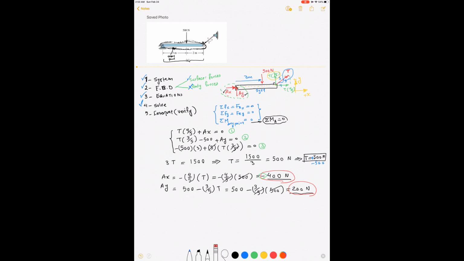Now we are ready to finish this problem. So I check mark step number 5. So the final answer is, the tension in the cable is 500 Newton, and the reaction at point A is 200 Newton in the y direction and 400 Newton in the x direction on the negative side. And this is the solution to the problem.